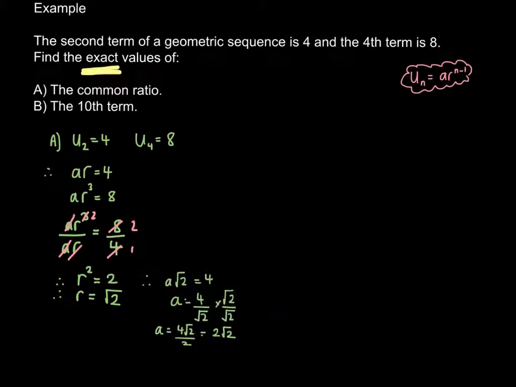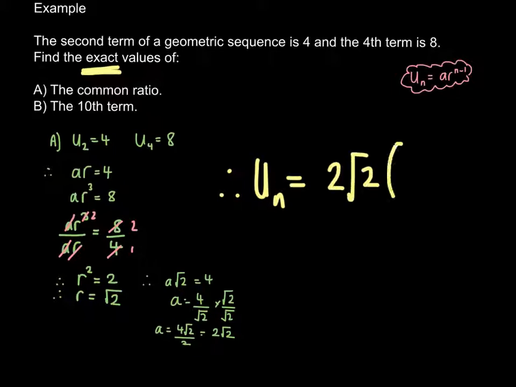Now although I haven't been asked to work out the first term, if I do work it out, that allows me then to create my nth term. And then from my nth term, I can work out the 10th term. So my nth term is going to be A, which is 2 root 2, times R, which is root 2 to the power n minus 1.